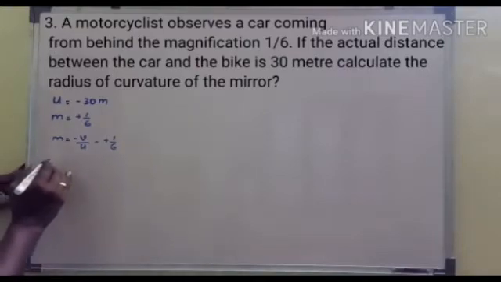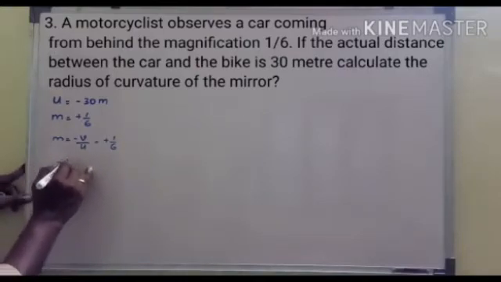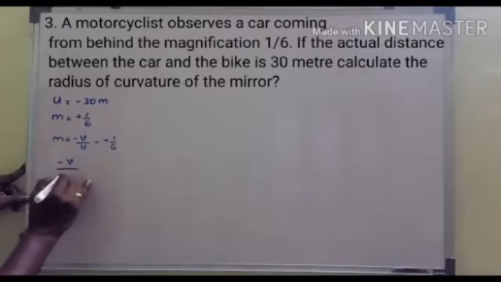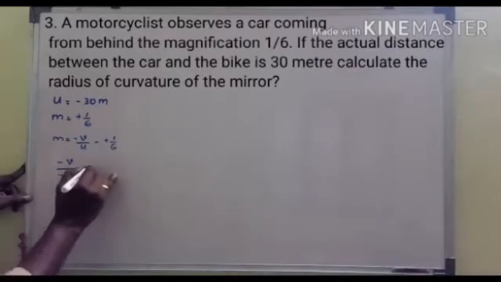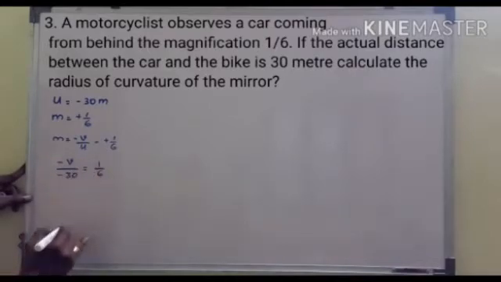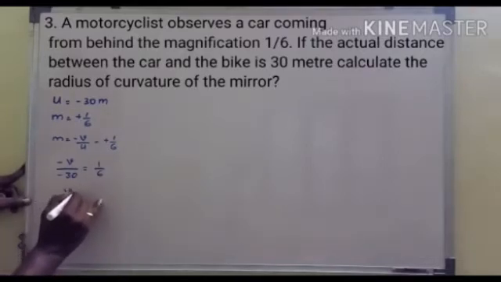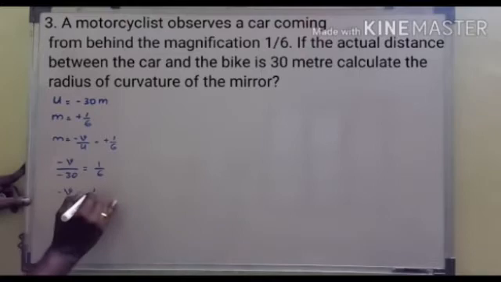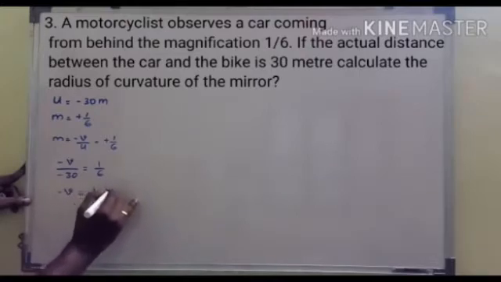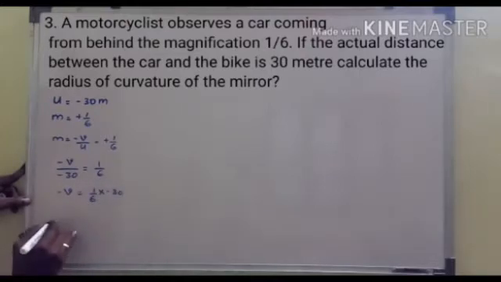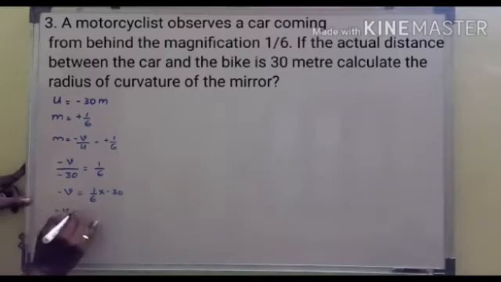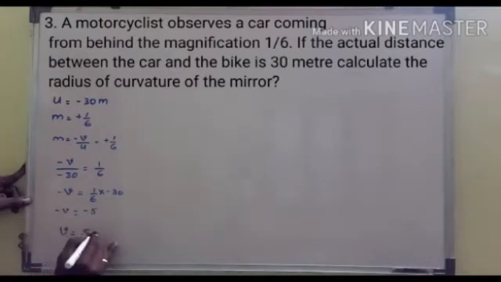So minus v by minus 30 is equal to 1 by 6. So minus v is equal to 1 by 6 into minus 30. So minus v is equal to minus 30 by 6, which is minus 5, that is v is equal to 5.